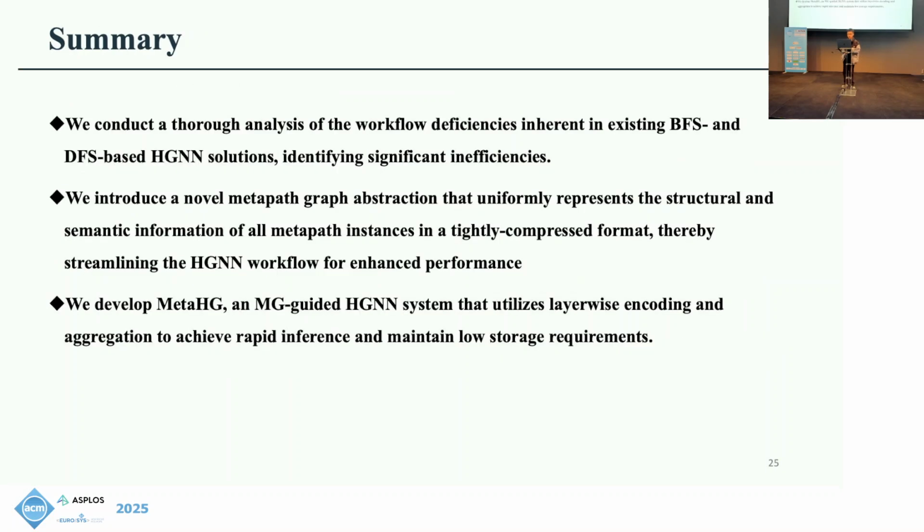Here is our summary. We conduct a thorough analysis of the workflow deficiency inherent in existing BFS and DFS-based HGNN solutions, identifying significant inefficiencies. We then introduce a novel Metapath graph abstraction that uniformly represents the structure and semantic information of Metapath instances in a tightly compressed format, thereby streamlining the HGNN workflow for enhanced performance.